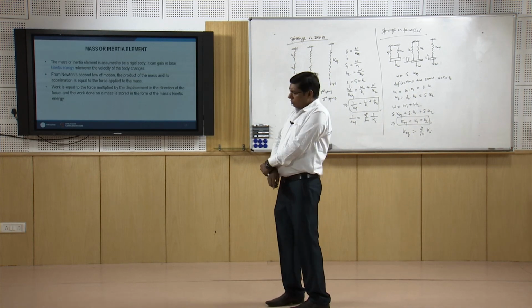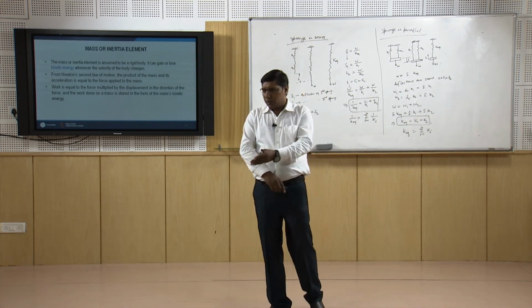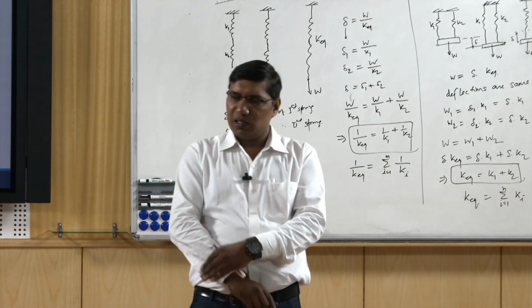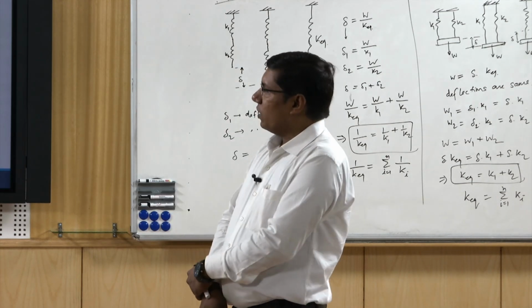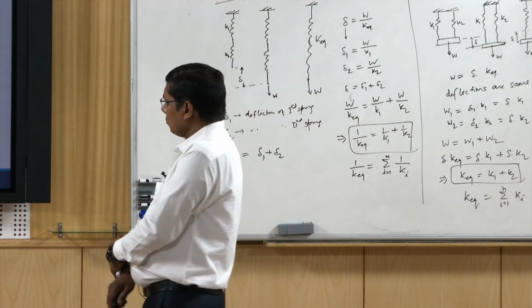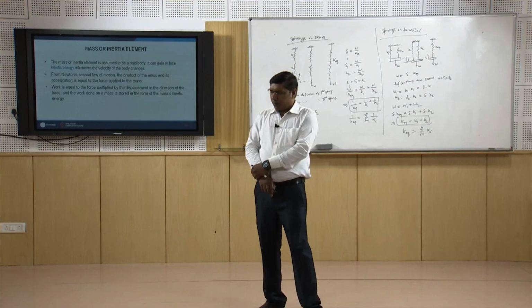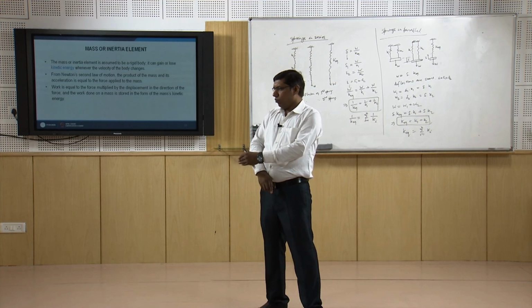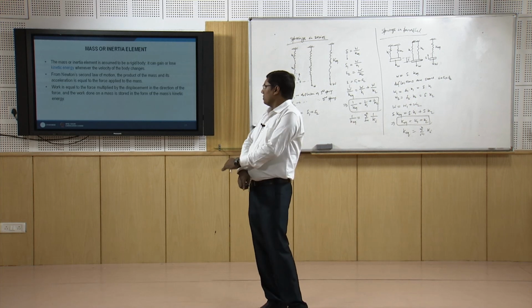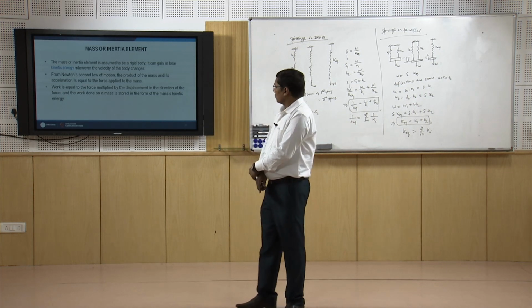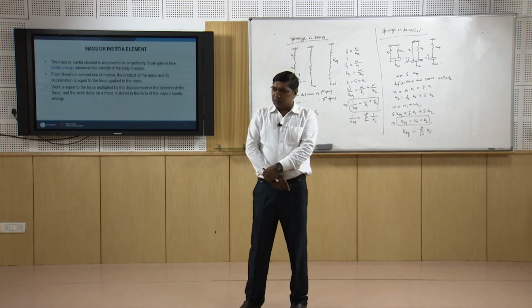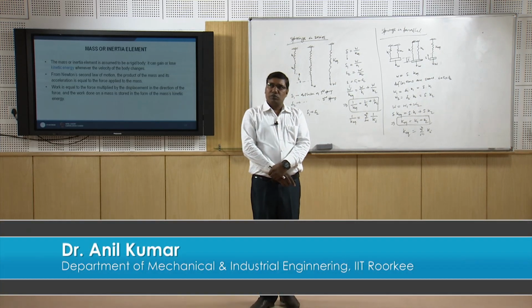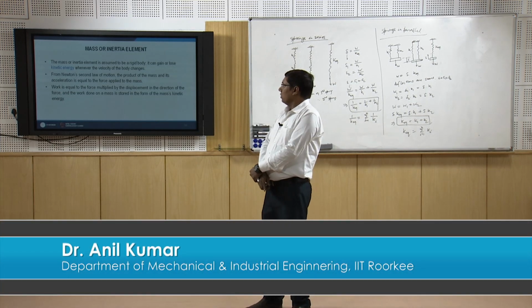In a vibrating system there is an exchange of energy between the potential energy of the spring and the kinetic energy of the mass. This mass in a linear system is represented by the moment of inertia in a rotational system. We will discuss its application more when we discuss the single degree of freedom system, two degree of freedom system, and so on.